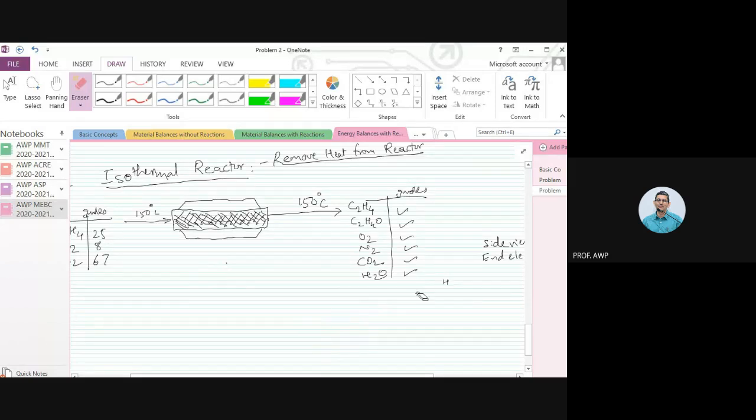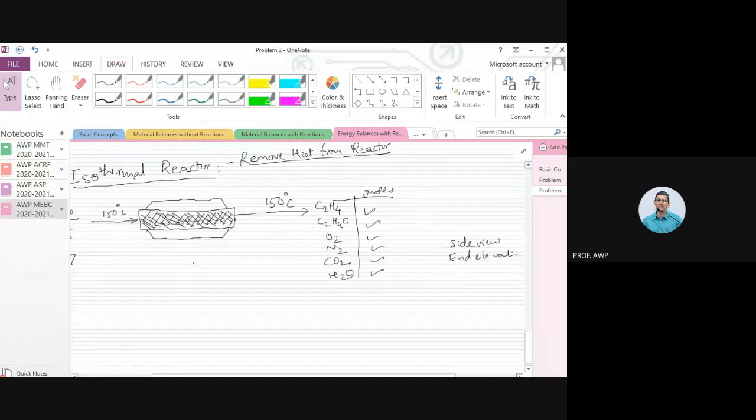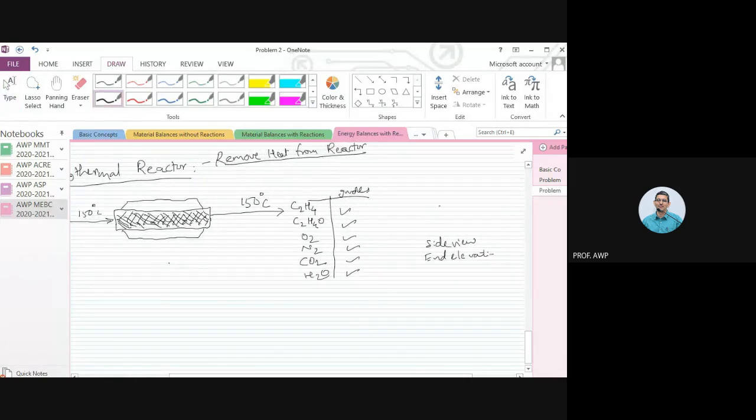So if you look at this reactor from the side view or end elevation, it will look like this one tube. This is packed with the catalyst, and the jacket is going to look like another tube. Okay.